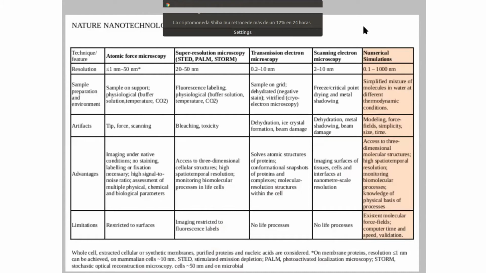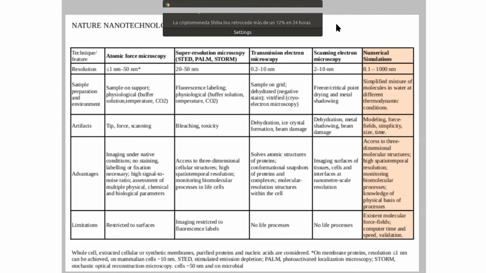And here, this is a table that appears in Nature Nanotechnology. When you are using all these very refined microscopies, as we have seen in several of the talks, even in the previous talk, it is very convenient to combine some of these techniques because they have artifacts, limitations, and advantages.